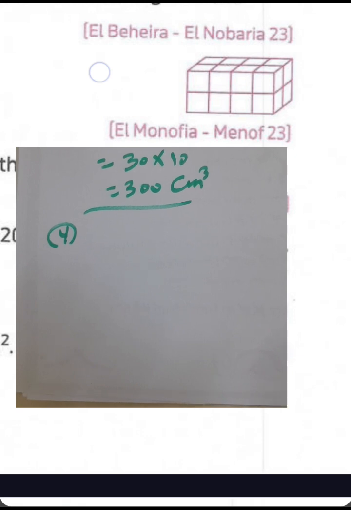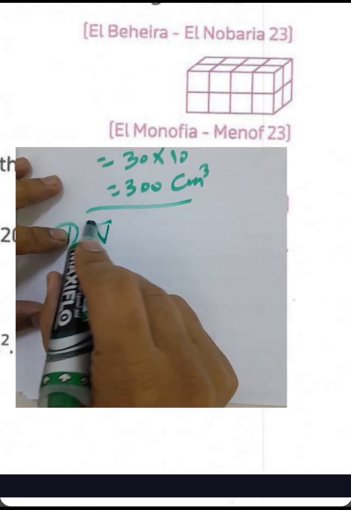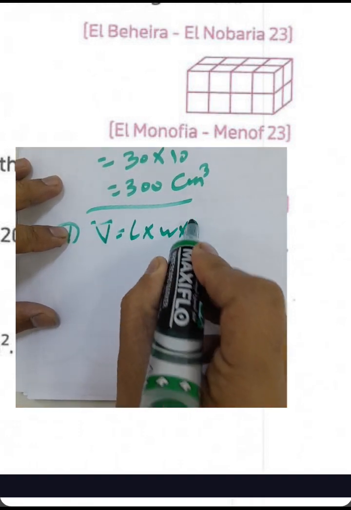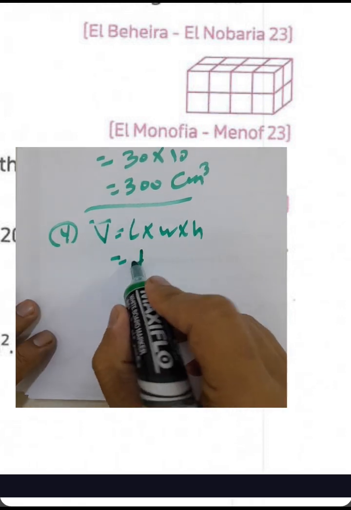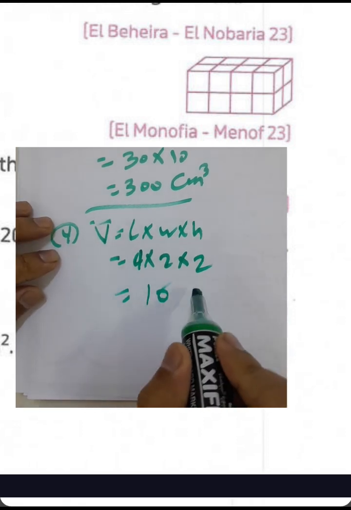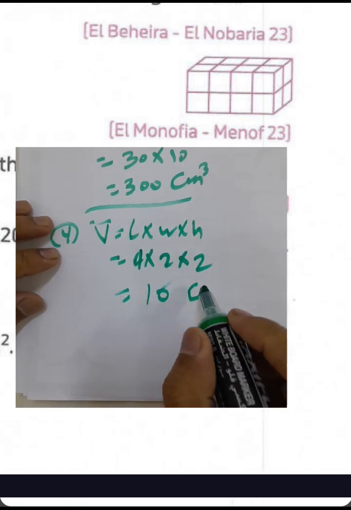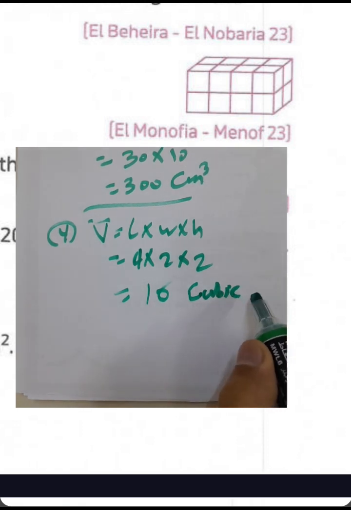We have 8, and each one contains 2. 2 times 8 equals 16. Or you can use the rule, volume equals length times width times height. The length here 4, and width 2, and the height was 2. The result will be 16 cubic units. We can write cubic unit.